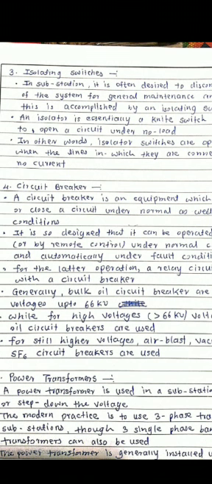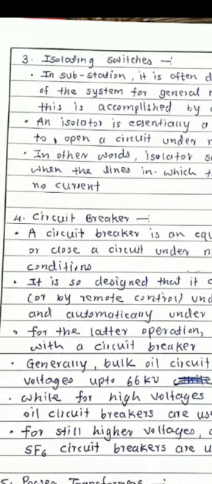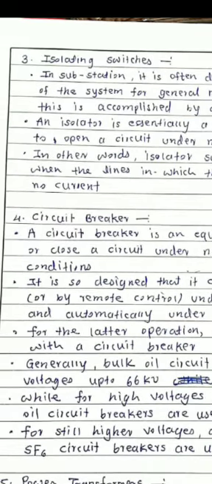This is implemented by using isolating switches. An isolator is essentially a knife switch designed to open a circuit under no load. In other words, isolator switches are operated only when the lines in which they are connected carry no current.